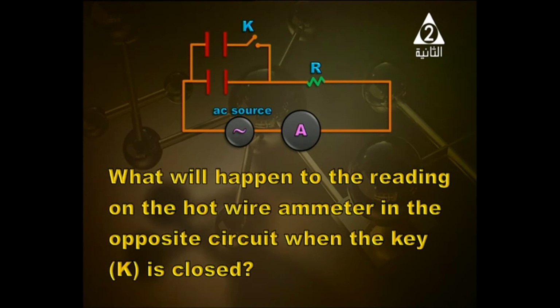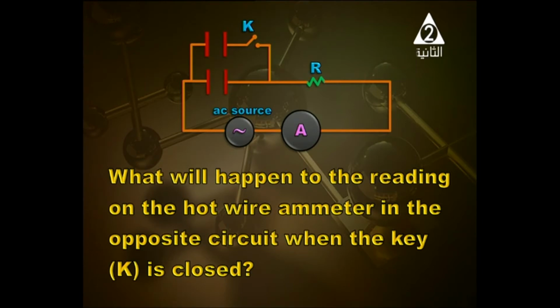What will happen to the reading on the hot wire ammeter in the opposite circuit when the key is closed? When the key is closed, we are connecting the second capacitor, and they are connected in parallel. So the capacitance will be increased, and when the capacitance increases, reactance decreases.